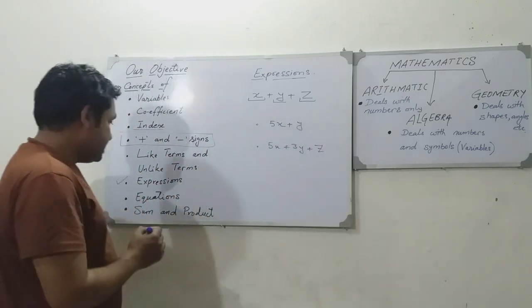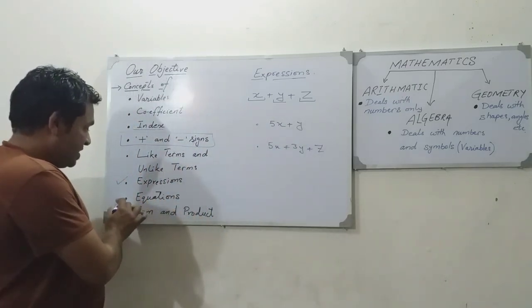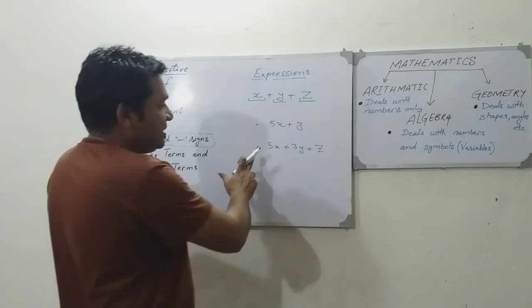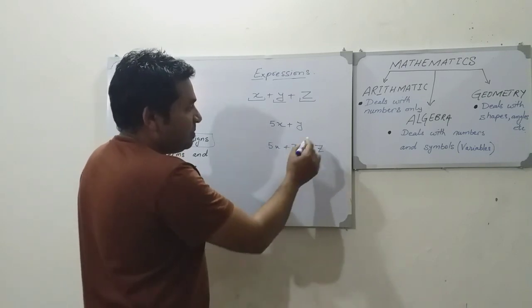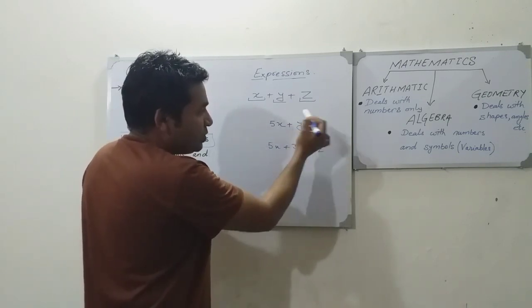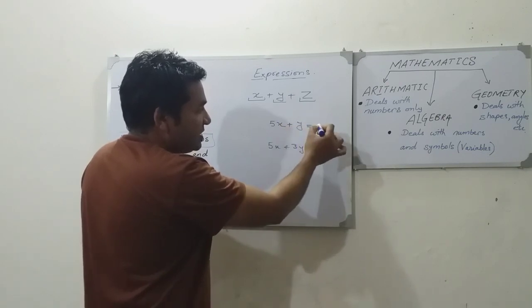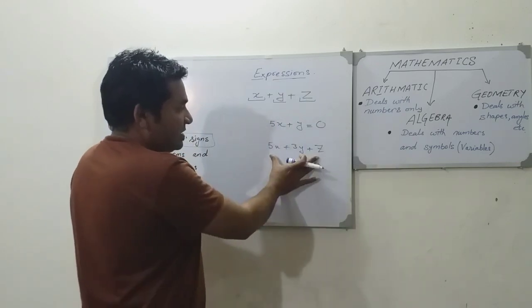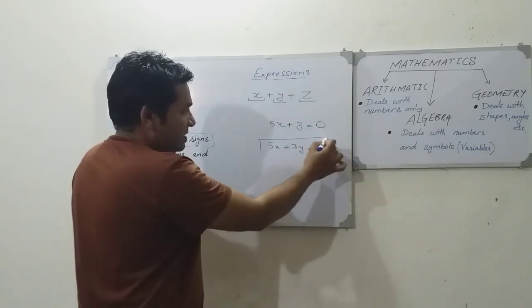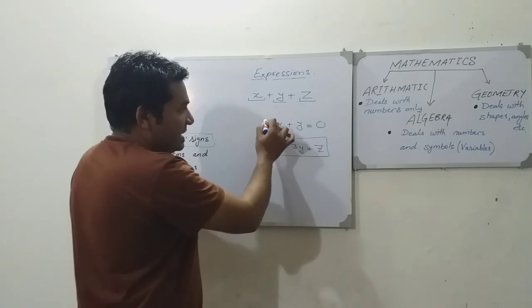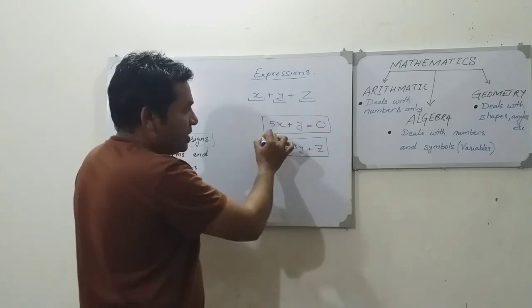So the next thing is, what is an equation? If we put an equal sign to the right side of the expression, then it becomes an equation. For example, you see that this is an expression, and it is now an equation.